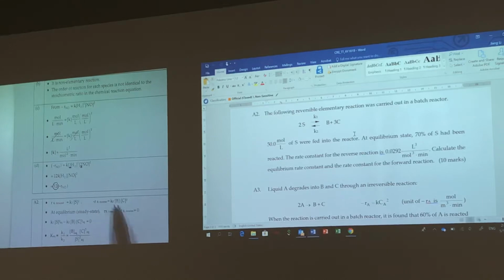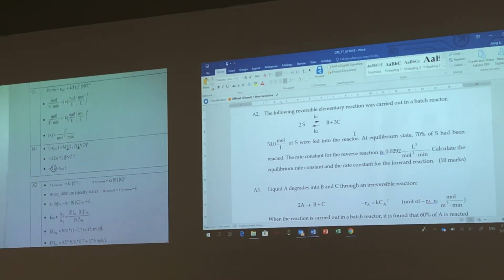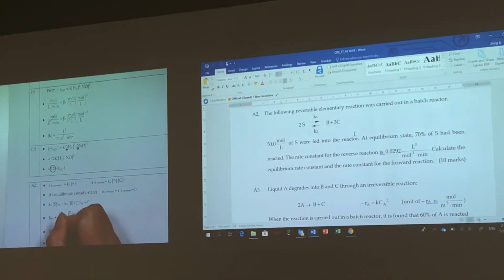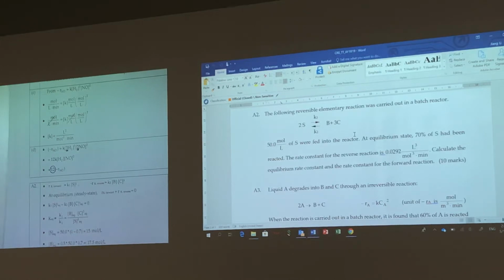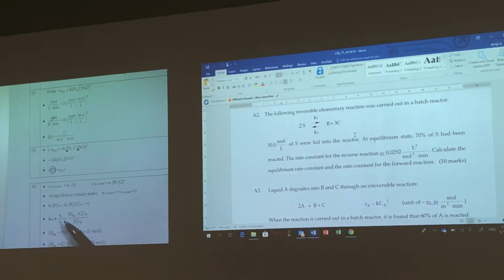Then for the reverse, you have 2 reactants. The balanced coefficients are 1 and 3, right? Then at equilibrium state, these 2 should equal each other. So this is the final. Don't forget, this is forward, this is reverse. Forward is always on top.